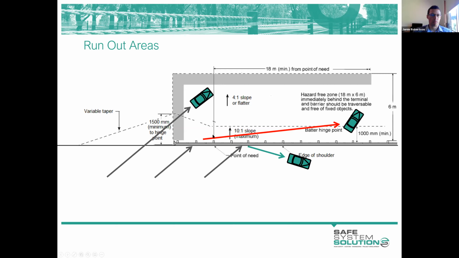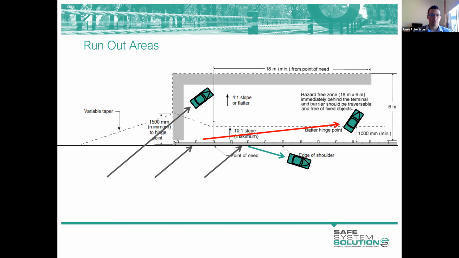And we like to ensure that this area is relatively flat and free of any fixed hazards, because vehicles that either just miss the start of the barrier or that strike the barrier end on often end up within this area. It also provides space for the system to operate freely.